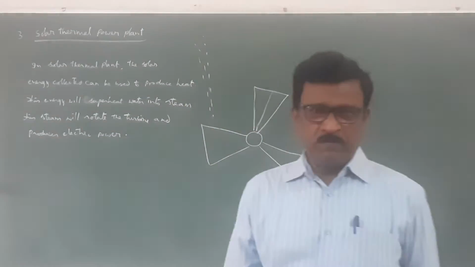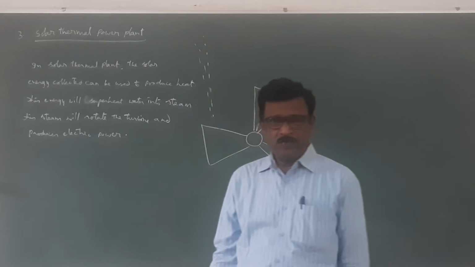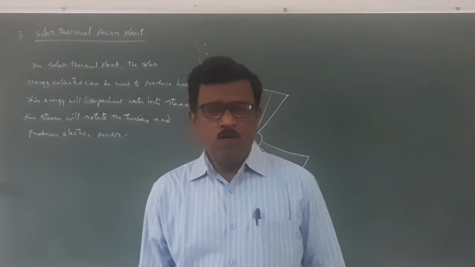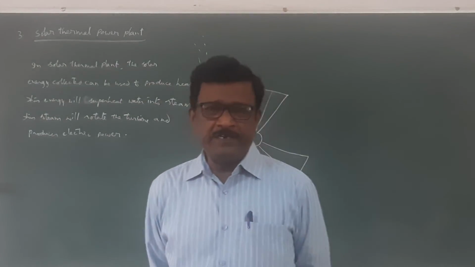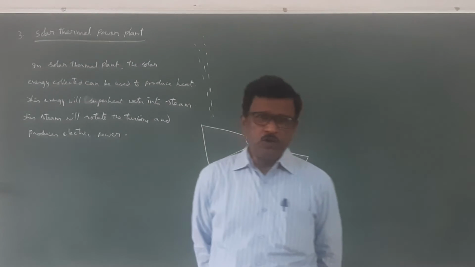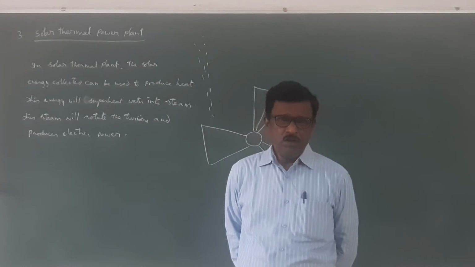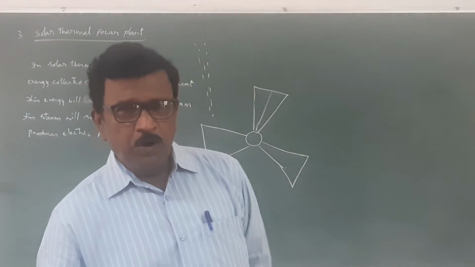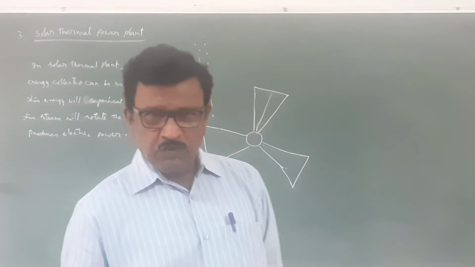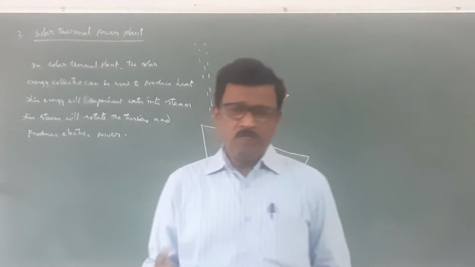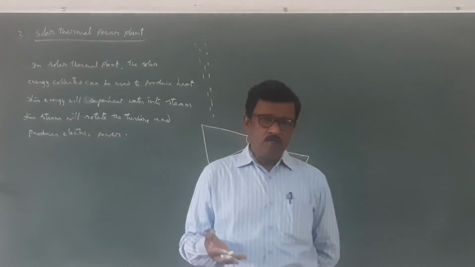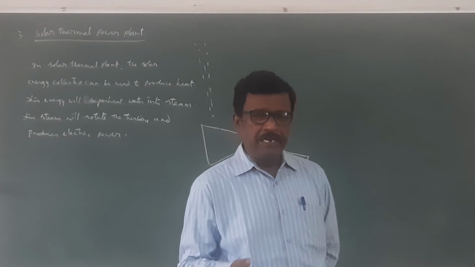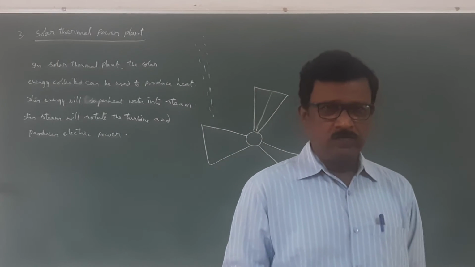In the case of fossil thermal plants, as you know, we utilize coal for burning, for heating water into steam. When coal is utilized for producing steam, fly ash will be produced. This fly ash is harmful for human beings as it is environmentally more harmful.